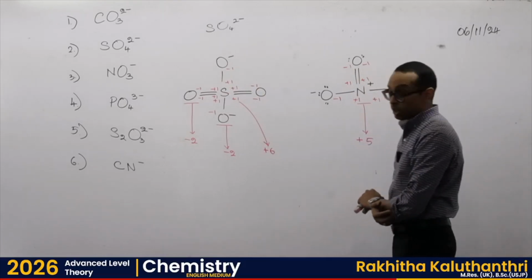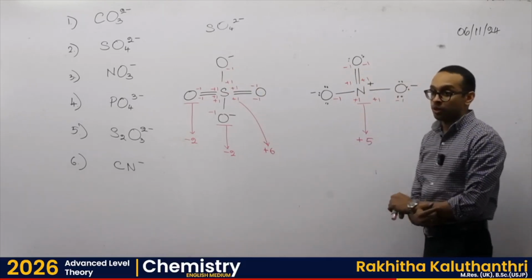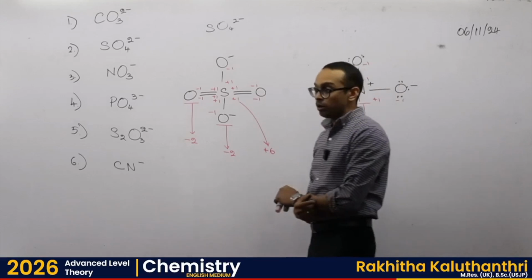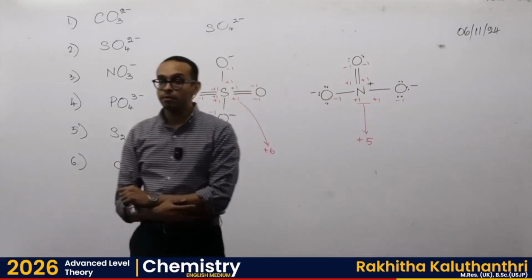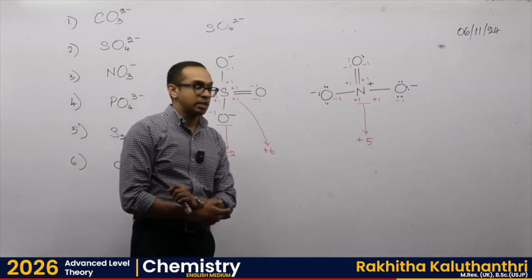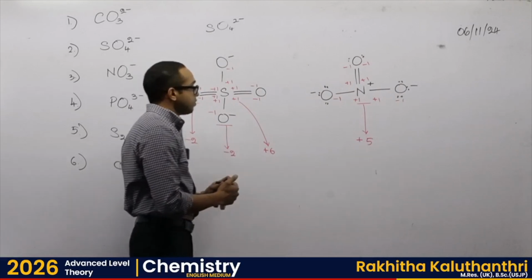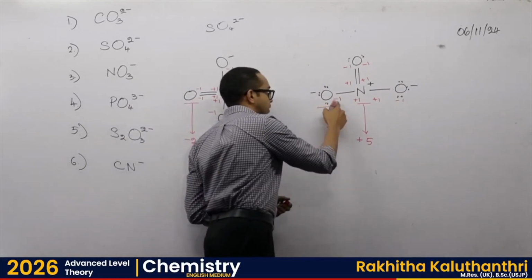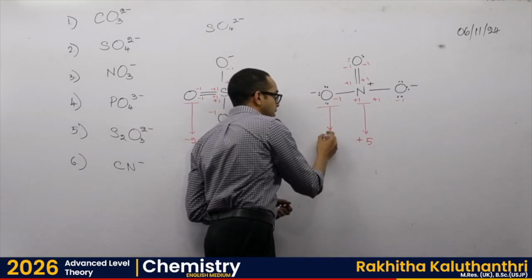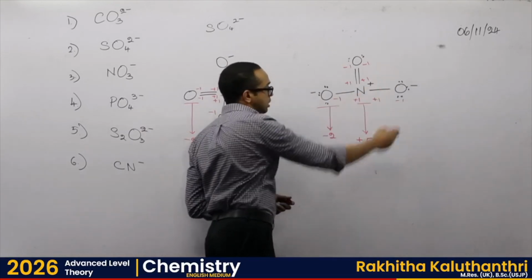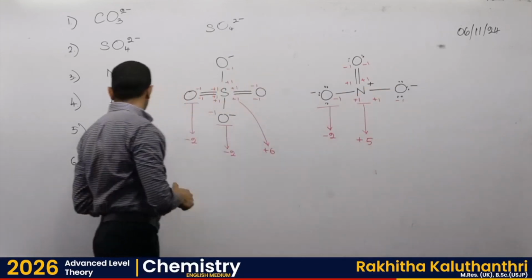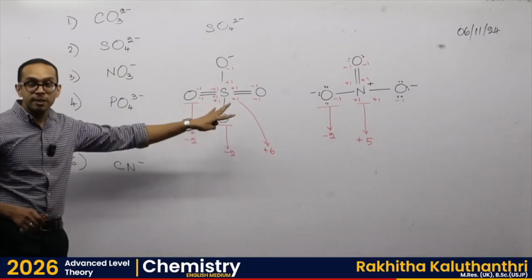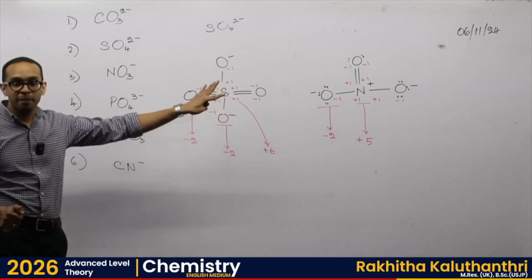If you are not getting minus 2, then double check whether it's a superoxide, peroxide, or whether the oxygen is bonded to a fluorine. Then only its oxidation number changes. So oxygen over here is minus 2. You can see minus 1 over here, another minus 1 over here, minus 2. Every oxygen here is minus 2. Are we okay with this part up to this?